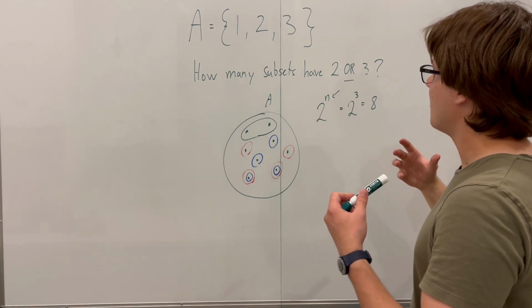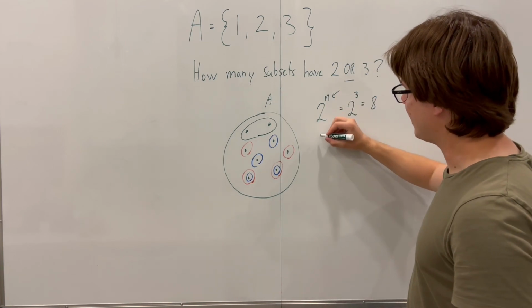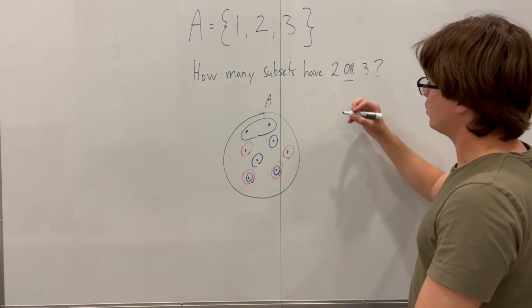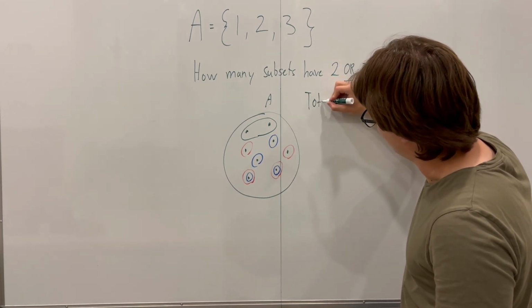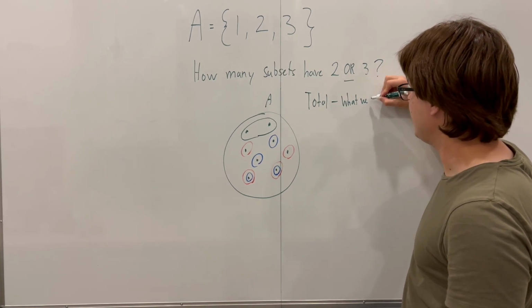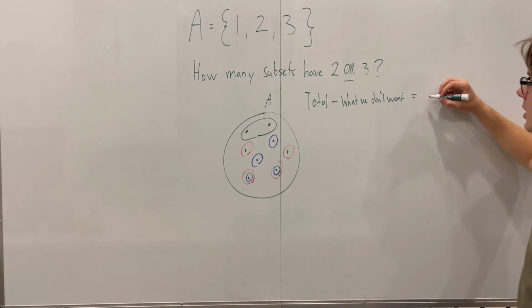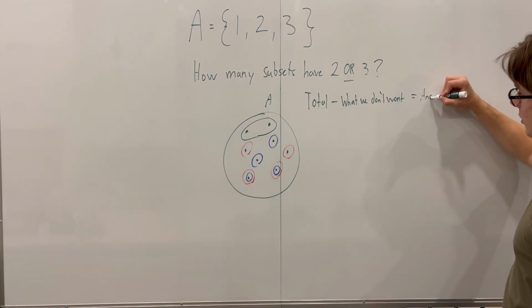Okay, but let's say we want to subtract what we don't want. So this is going to be our total. Let me rewrite this a little bit nicer. Okay, so we know our goal is going to be to say that the total minus what we don't want is going to equal just the answer, right?